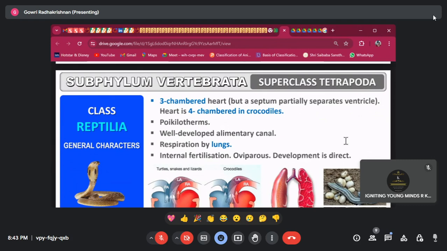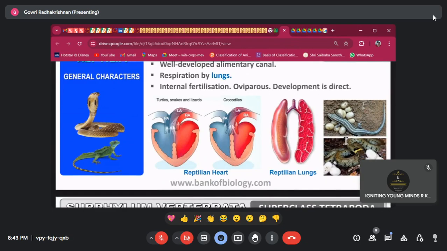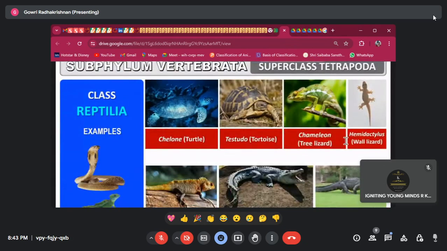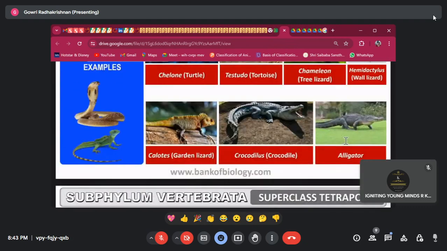Heart is four-chambered in crocodile. Poikilotherms. Well-developed alimentary canal, respiration by lungs. Internal fertilization, oviparous, development is direct. Reptilia examples are tortoise, lizard, snakes, crocodile.